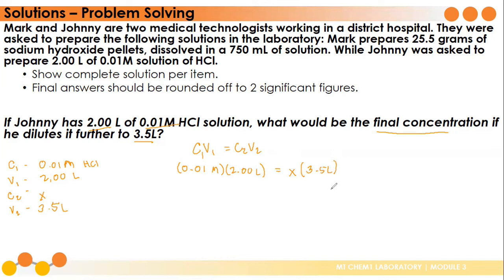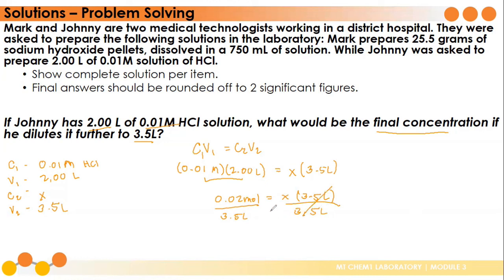Now, what you need to do here is first multiply this by 2. So it would be 0.02 moles equals X times 3.5 liters. Then for our final step, divide both sides by 3.5 liters.